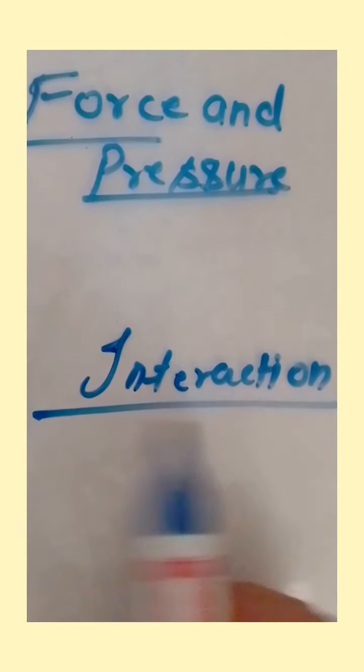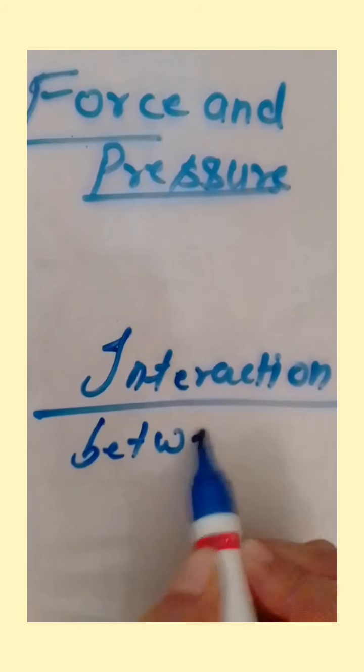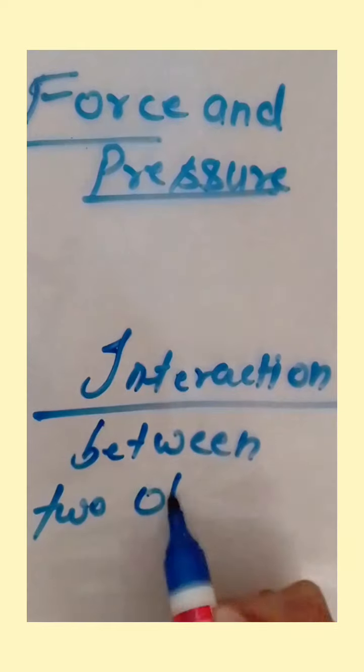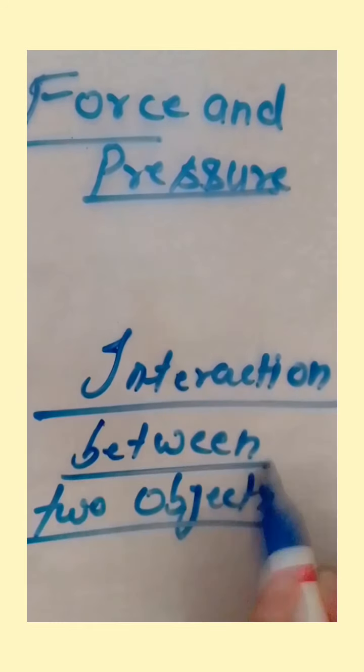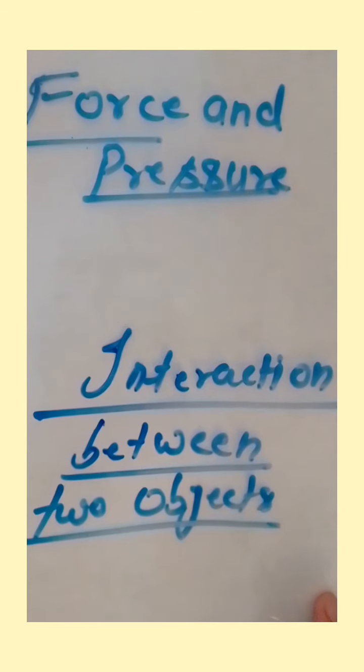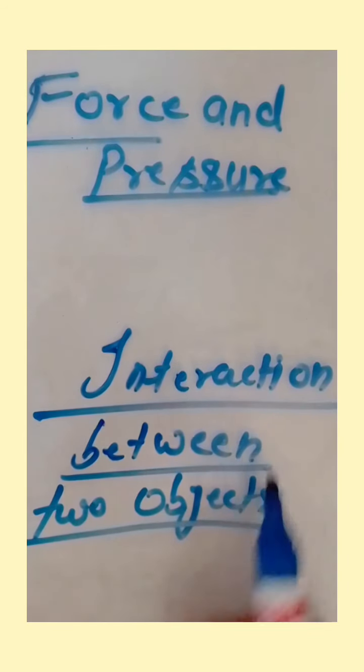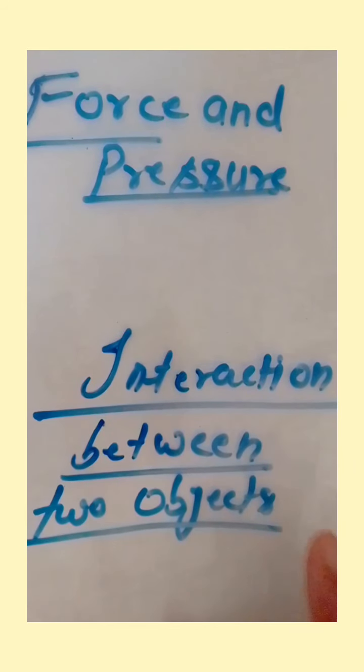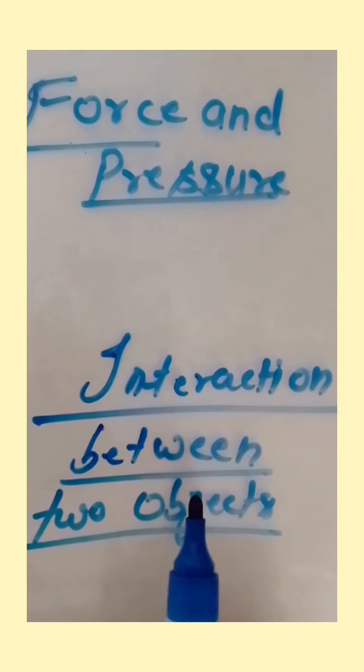Interaction between two objects, that is called the force. Means when the interaction between the two objects stops, then the force between these two objects is no longer there.